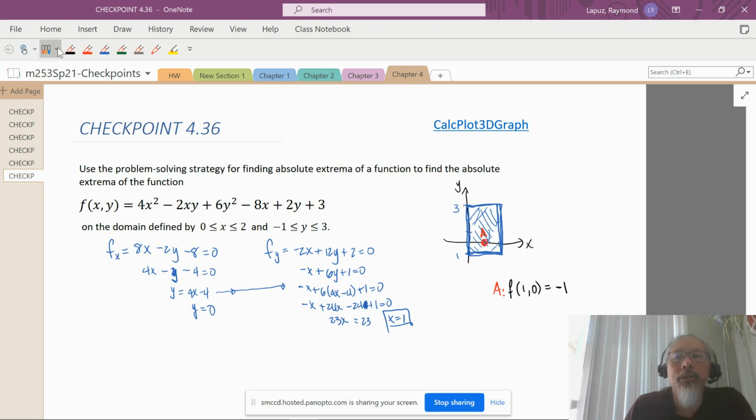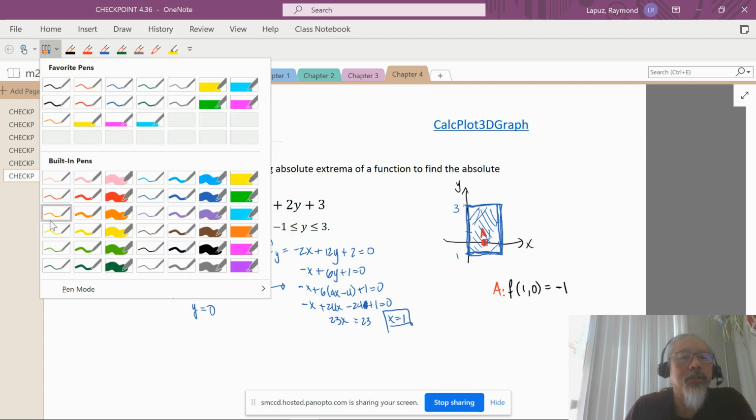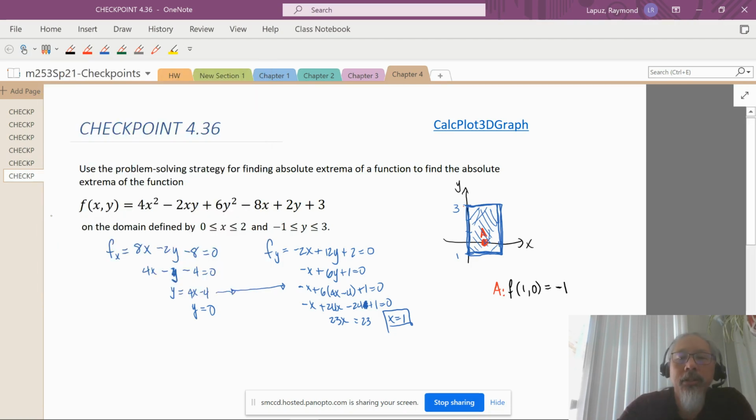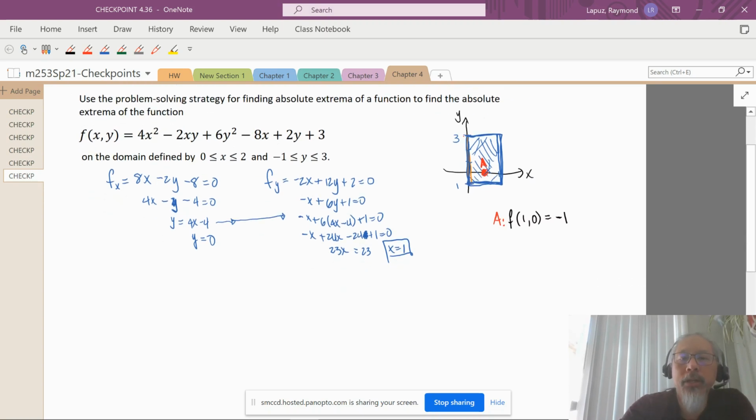Now we need to check the boundaries. Within the boundaries, we have to identify which boundary we're dealing with, find out possible max and mins on the boundary we're dealing with, and then check them. So the first boundary we'll look at would be the boundary where x is equal to 0.